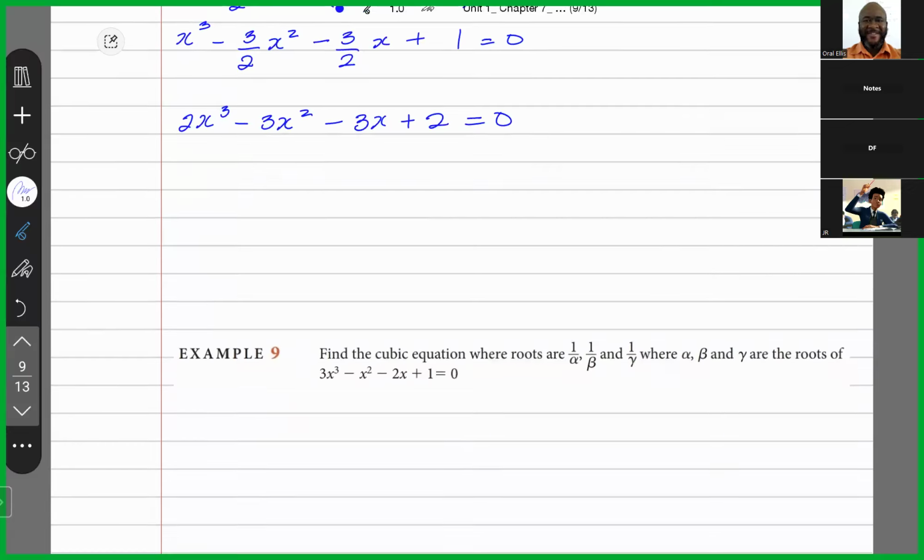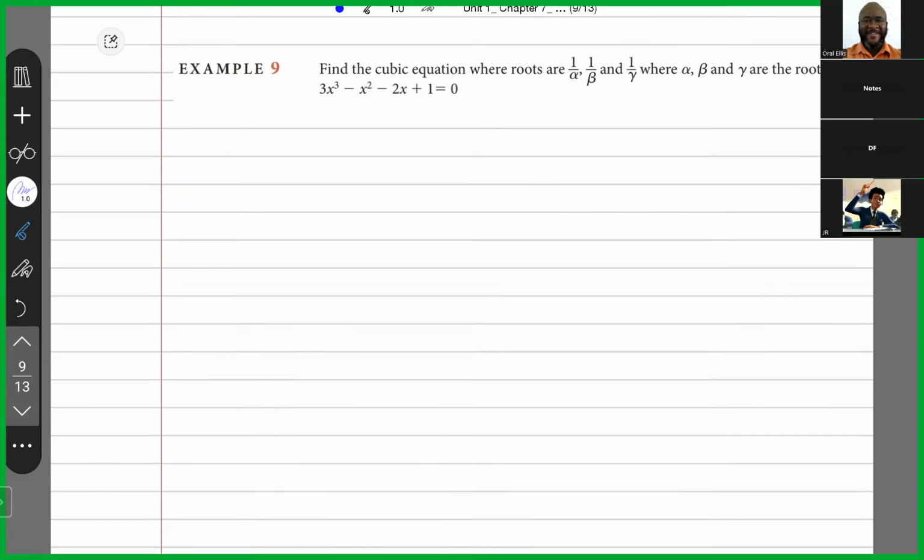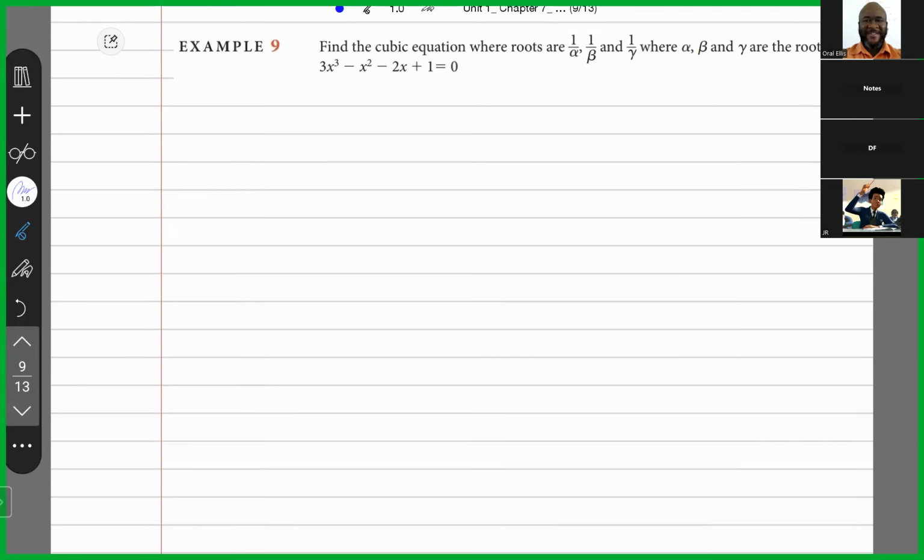Example 9. Now, example 9 is asking us to find the cubic equation whose roots are 1/alpha, 1/beta, and 1/gamma, where alpha, beta, and gamma are the roots of 3x cubed minus x squared minus 2x plus 1.